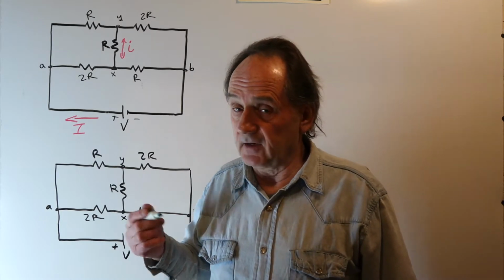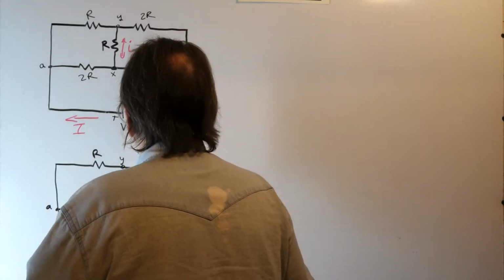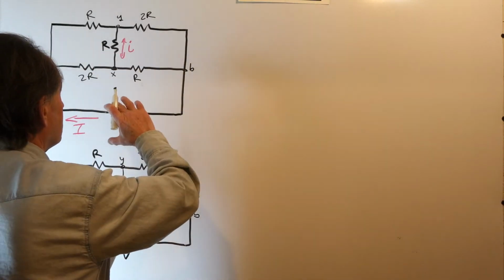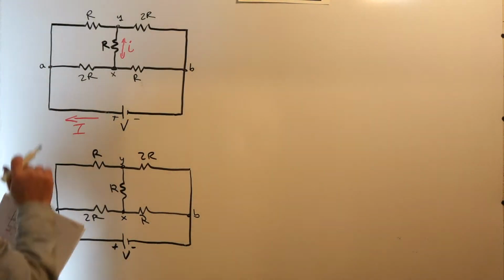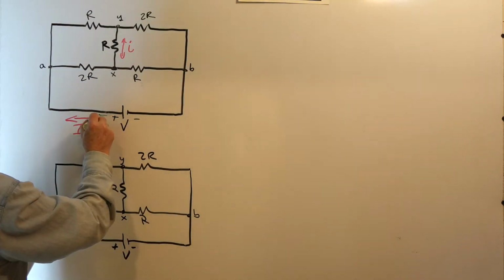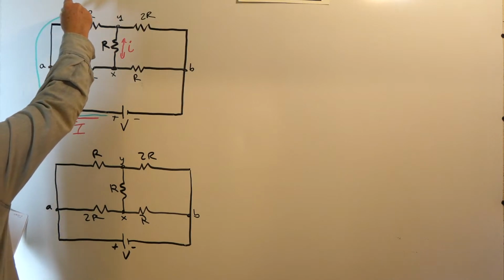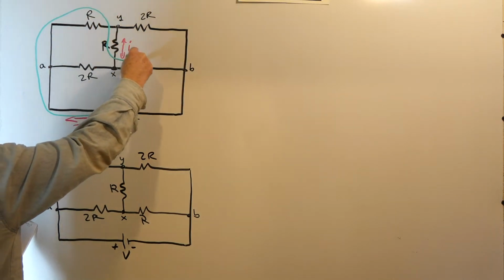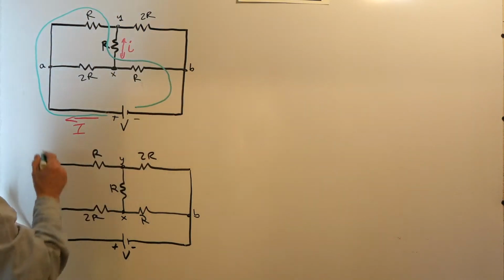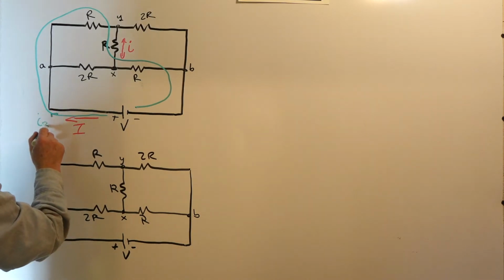You can't leave any of the components unmarked as far as a current flow goes through it. So I'm going to pick 2 loops. One loop, I'm going to go from the voltage source up around, through, and back this way. And I will call this current I3.